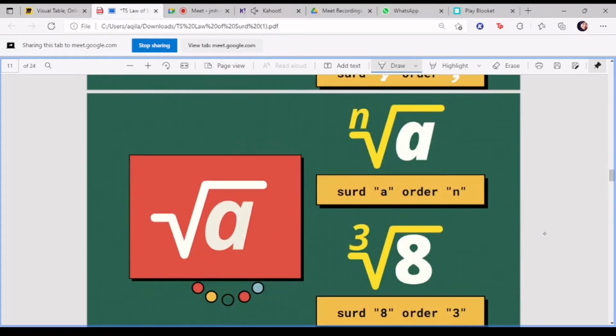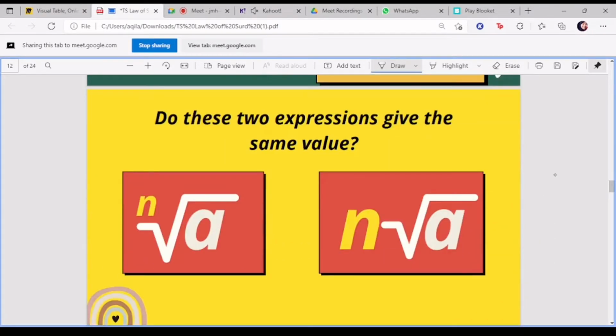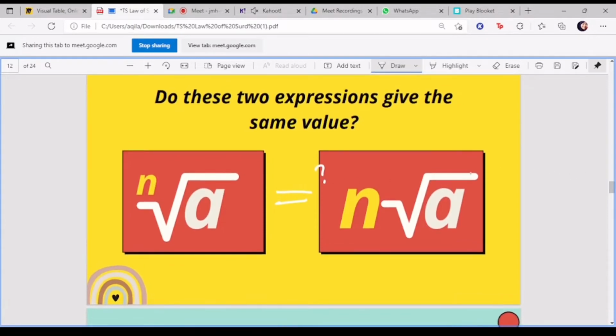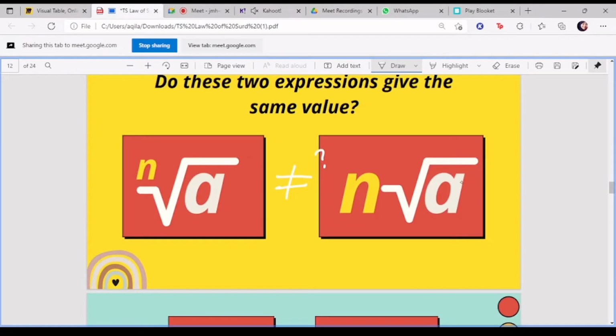So let's see the answer. Yes, correct. Okay, let's proceed. Okay, do these two expressions give the same value? Is it the same? No, it's not. Okay, why do you say no? Because the right one is multiplication.